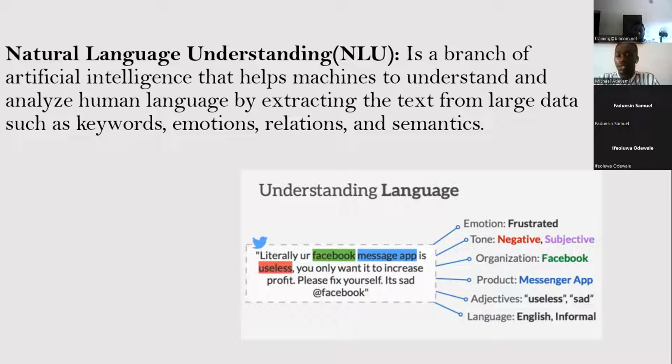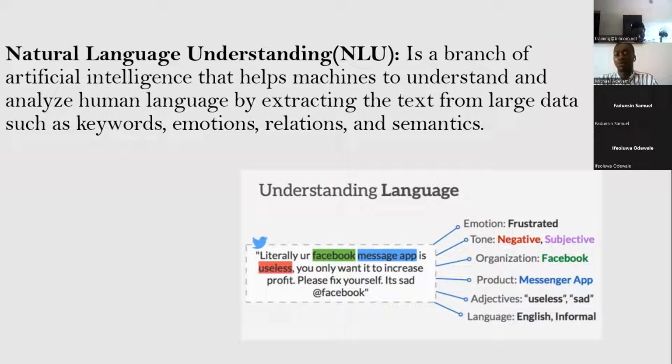Yes. Okay, so it says the Facebook message app is useless and you only want it to increase profits. Please fix yourself, it's sad. This is a review from a customer using the Facebook message app, which is the Messenger app. Now you can see what it derives from this message: the emotion of the customer writing this message is a frustrated mood.